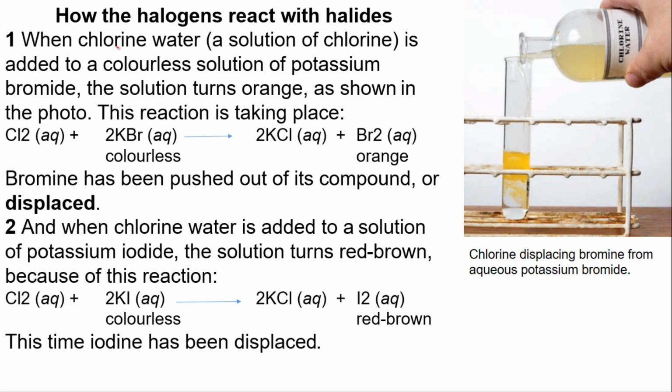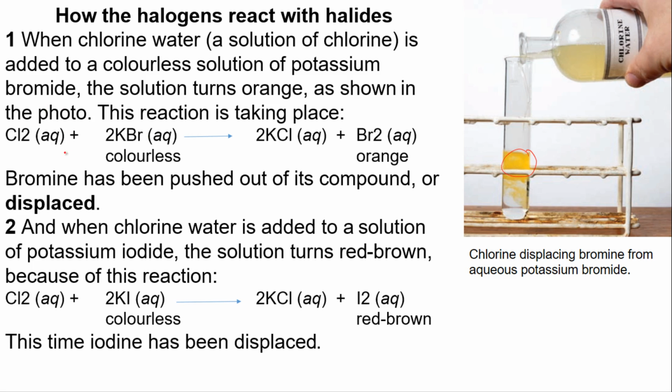When chlorine water, a solution of chlorine, is added to a colorless solution of potassium bromide, what happens? The solution turns orange, as you can see. Very simple thing, displacement reaction. The potassium bromide is a colorless solution.